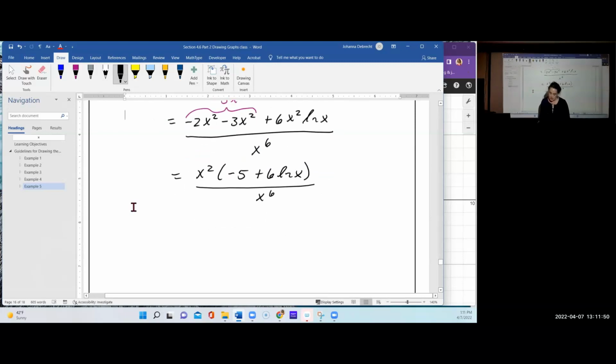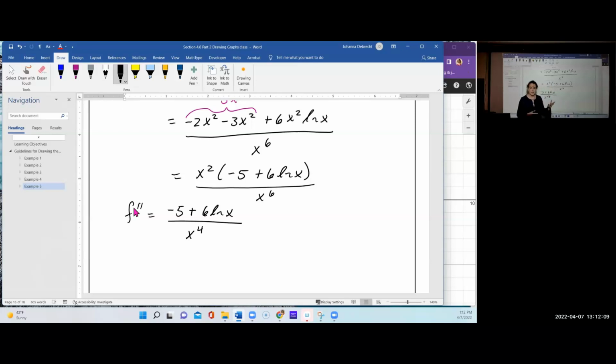Then I can cancel the x squareds. So finally, for the second derivative, I'm going to leave it in this order because I don't want anything to creep up inside the argument to natural log of x. And this will give me x to the 4th. 2 on top, 6 on bottom, cancels, and we're left with 4.